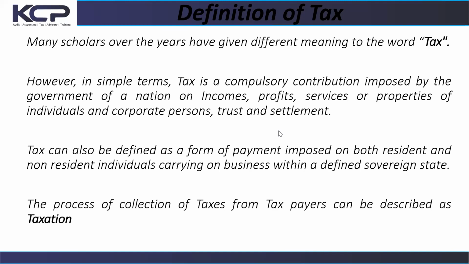That is the second attribute that makes tax compulsory. It must be collected by the government, not a private entity. This process must be managed by the government representatives. So tax is a compulsory contribution imposed by the government of a nation.